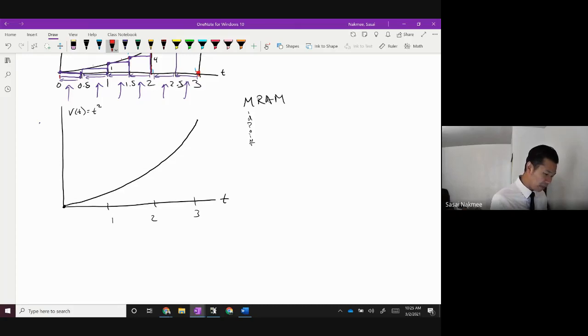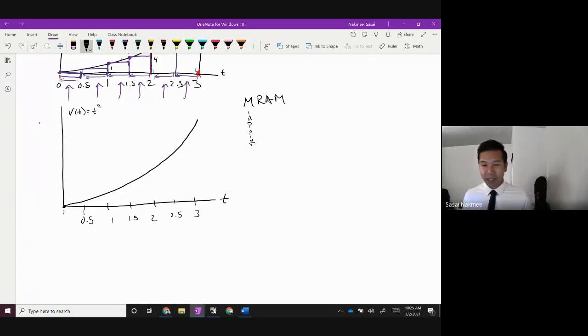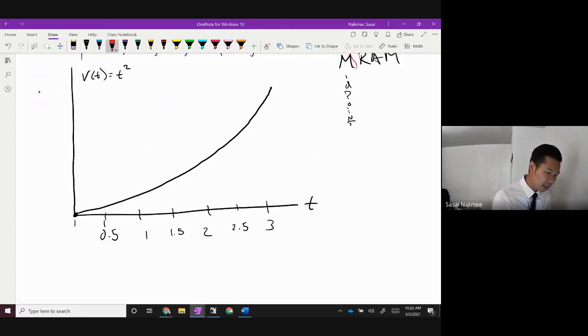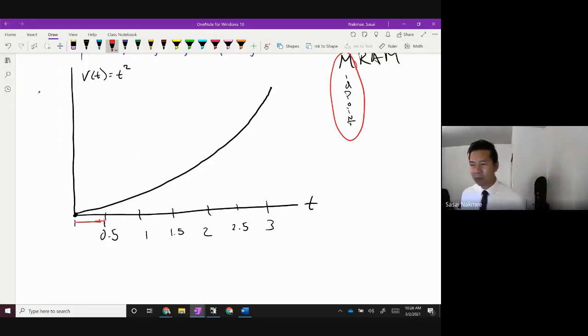So just like before, it would be at 0.5, 1, 1.5, 2, 2.5, and 3, okay? But here's the thing. My first rectangle should be between 0 and 0.5. To get the height of this rectangle, I need to use the midpoint. So the midpoint that's between 0 and 1.5, who's got that for me? Who can tell me what the midpoint is between 0 and 1.5?